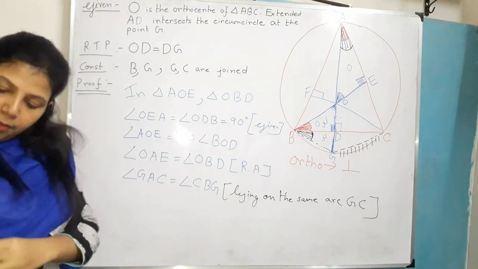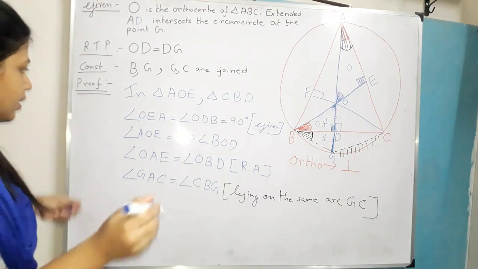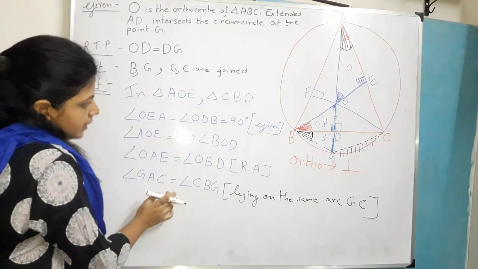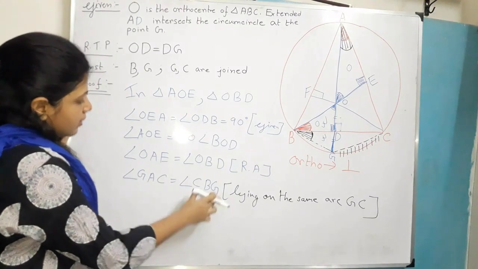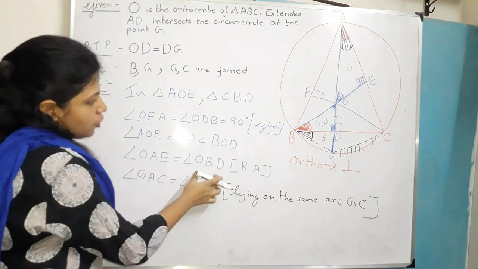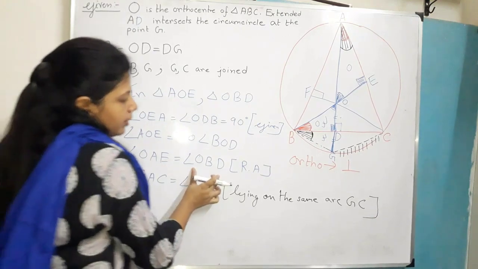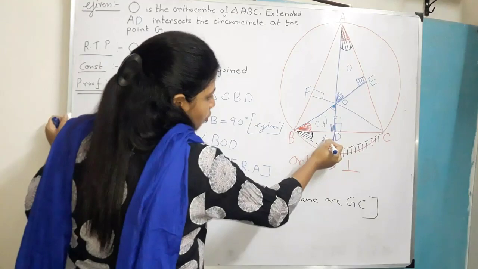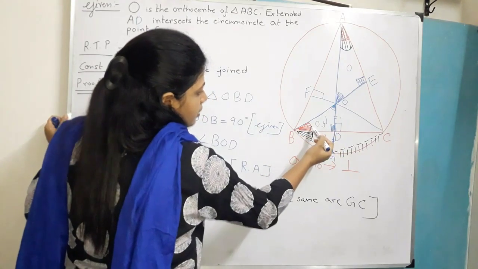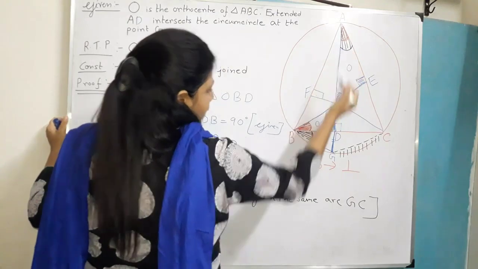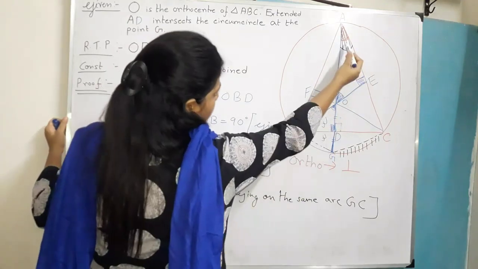Now if we observe properly, angle GAC equals angle CBG, and already I have got that angle OAE equals angle OBD. That means if I take these two triangles, these two angles are equal. Why? Because this one equals this one and this one also equals that one.